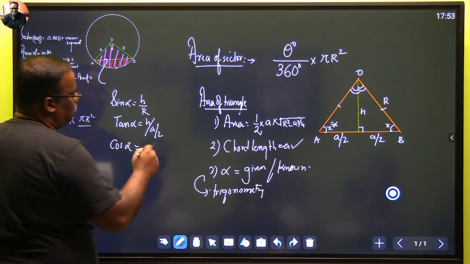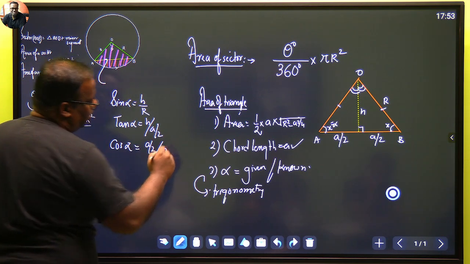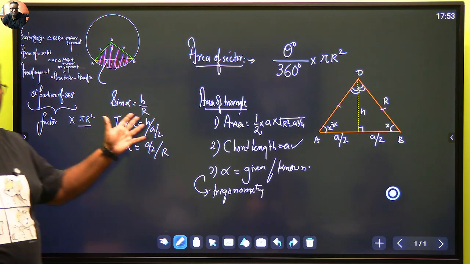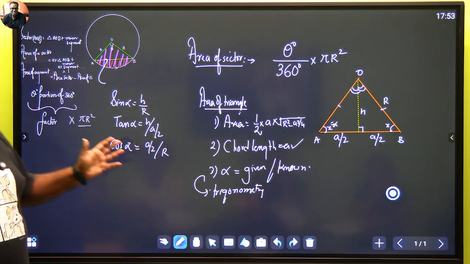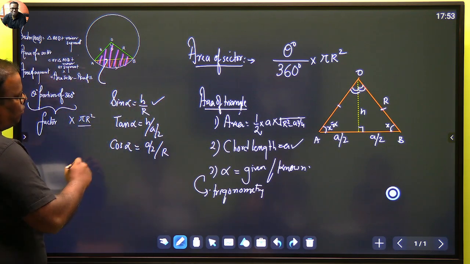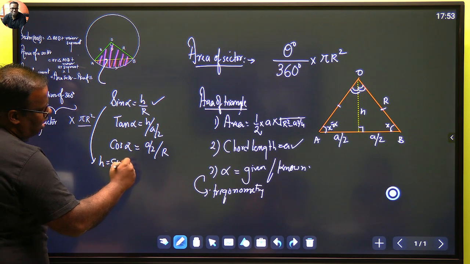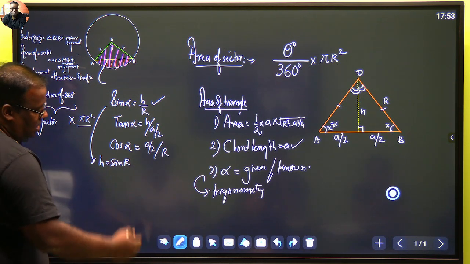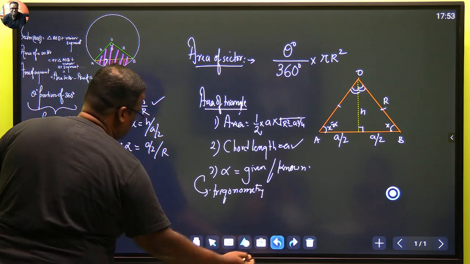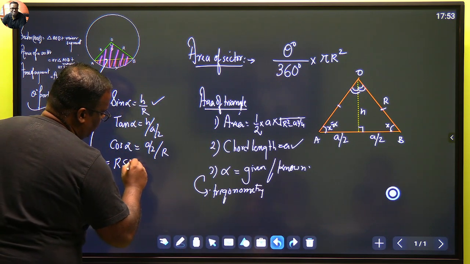Cos alpha is how much? A by 2 upon r. These ratios you can use. Predominantly we will be falling always short of h. So what is h from this formula? H is equal to r sine alpha, sorry. H is equal to r sine alpha.